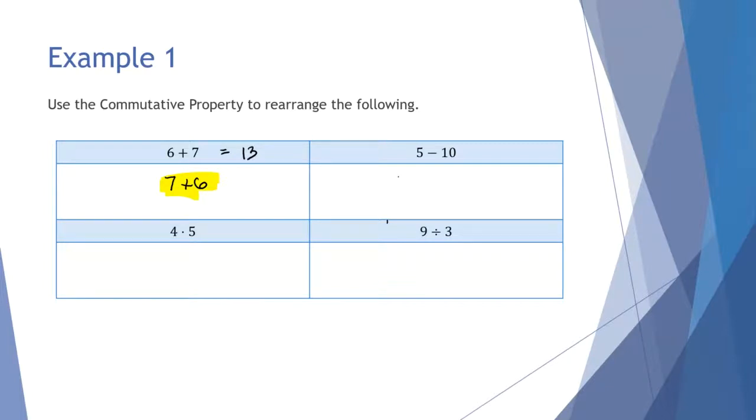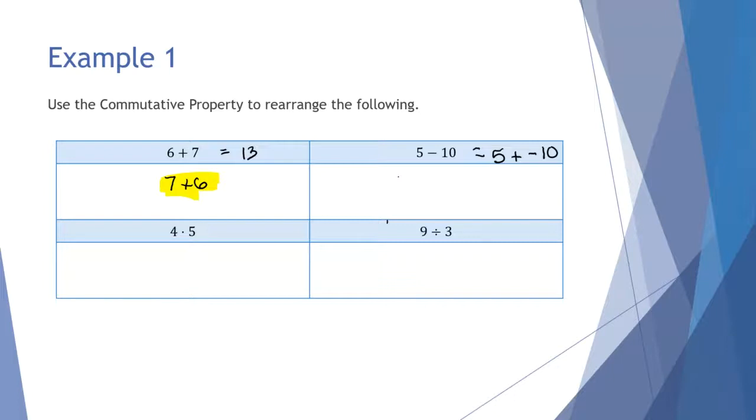Now this is the commutative property of addition. On the right here, I have 5 minus 10. That's subtraction. If it's subtraction, you cannot just flip-flop those. You have to rewrite it as addition first. Subtraction is the same as adding a negative. So first I would have to write this as 5 plus negative 10.